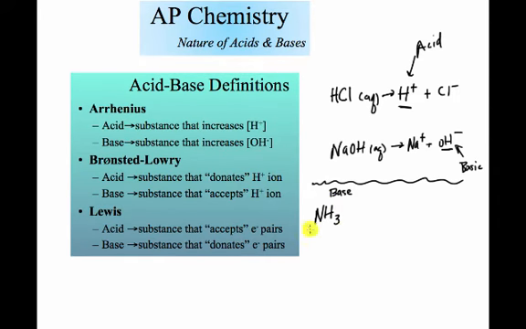The idea is that we have a base and we react that with something that would be considered an acid. The definition here is not about hydroxide, so we're dropping the hydroxide out of the definition. What happens is we form the ammonium ion and we get a chloride.